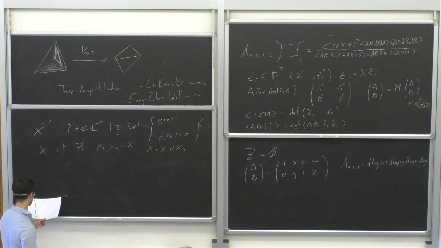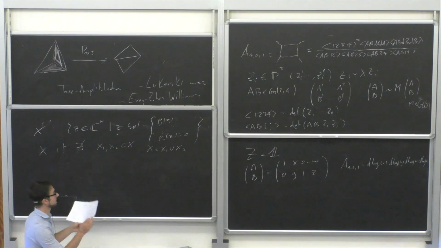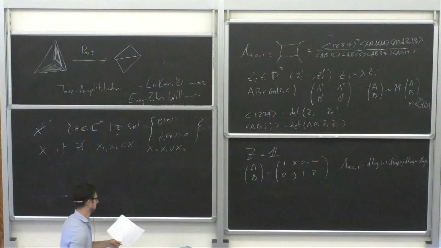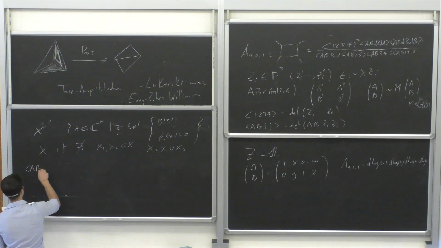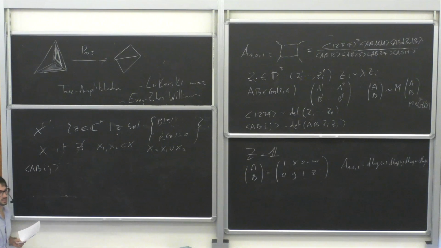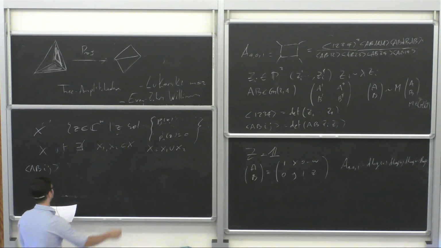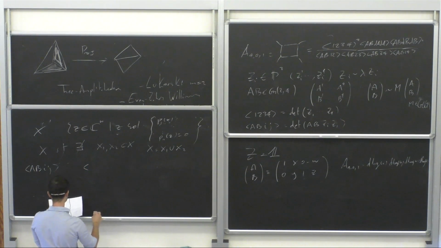So before I give you the definition of the Grassmannian as a moduli space, note that the Grassmannian can also be described as a variety. You can forget about all these matrices and just take this AB, IJ as your coordinates, and then remember that these coordinates are not independent.